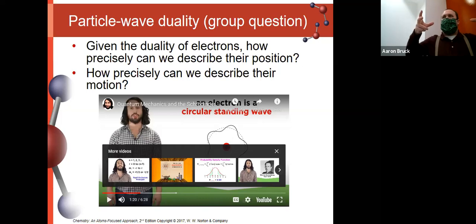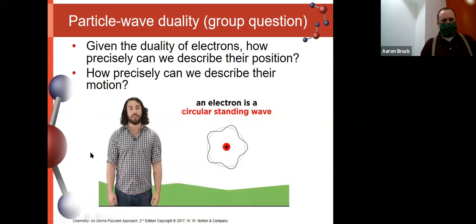So think about that idea of what the Bohr model ultimately stands on: circular orbits. But instead of a circular orbit where it's going around in a linear kind of fashion, it's going around in a wave-like kind of fashion instead. So I'll let him finish up.